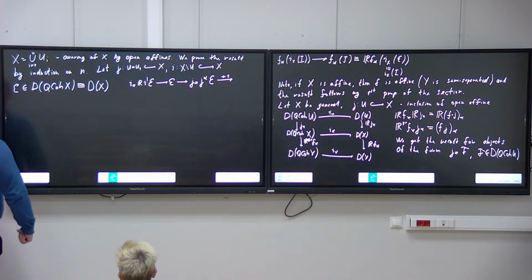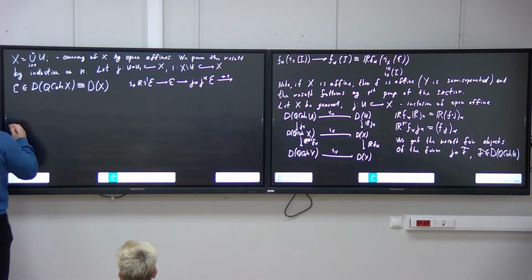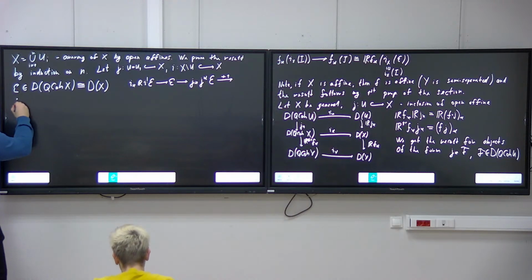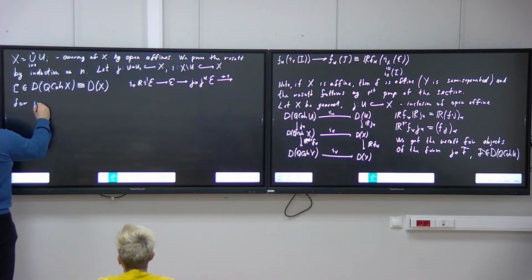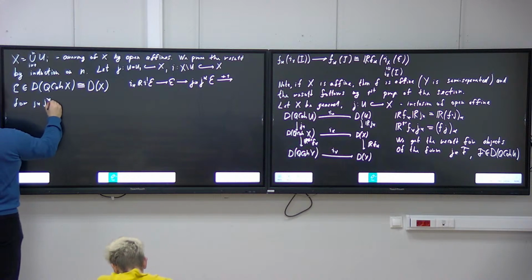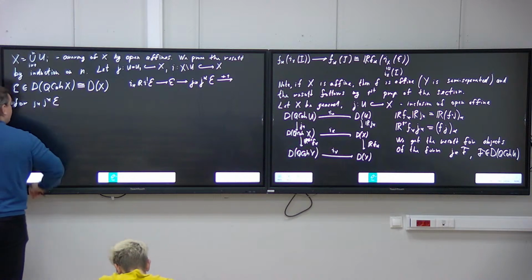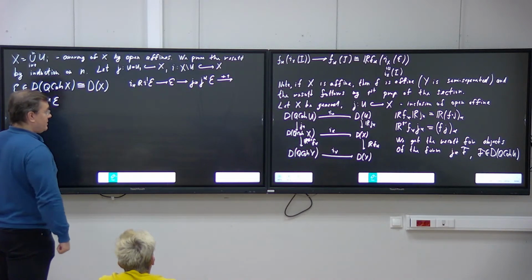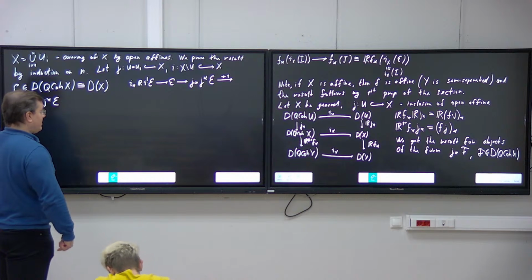If I have this distinguished triangle, for j lower star, j upper star applied to E, that's an object of the form that we already know the result for, right? So this is j lower star applied to something.